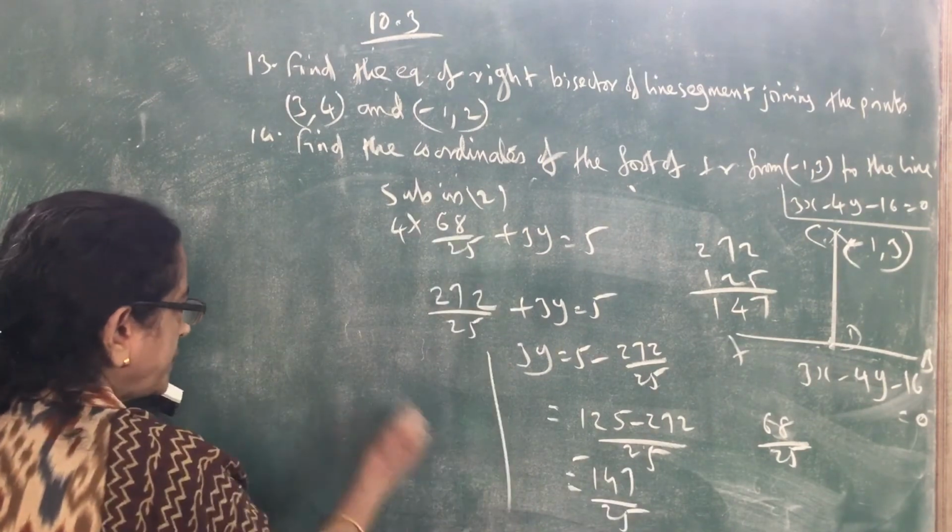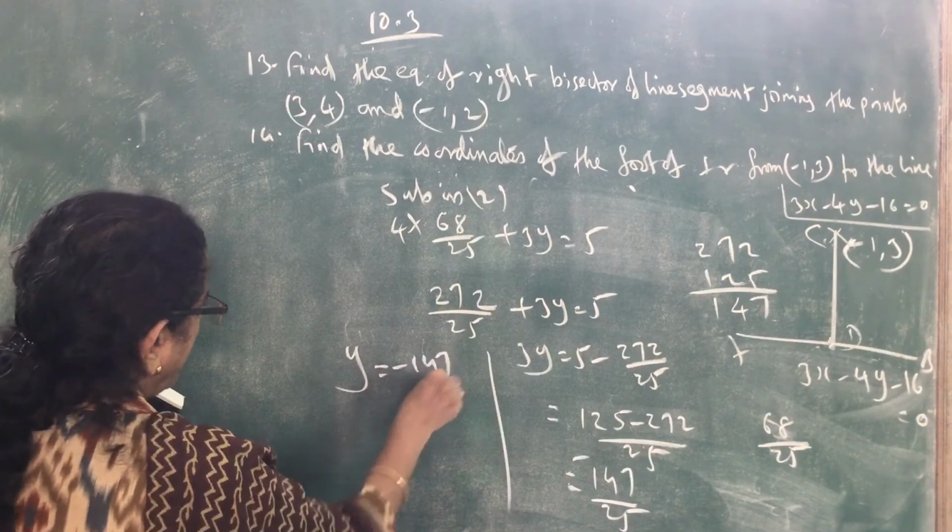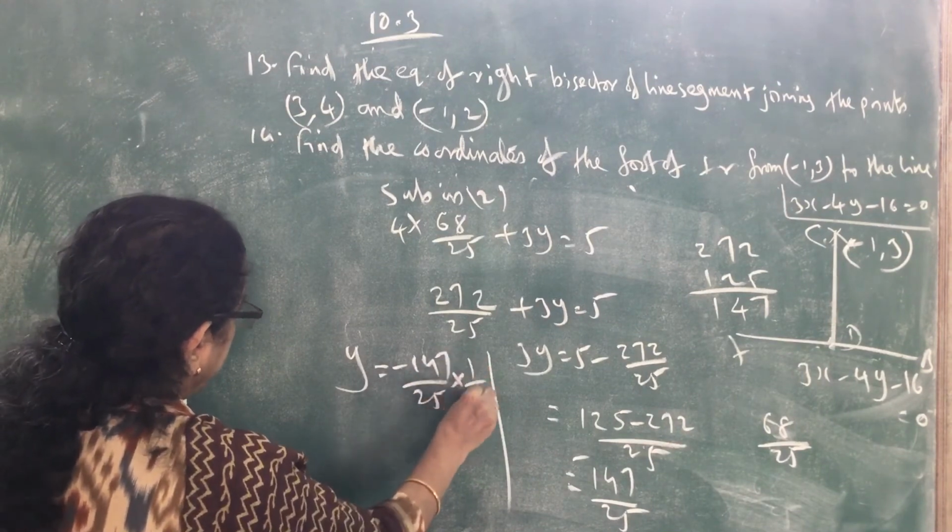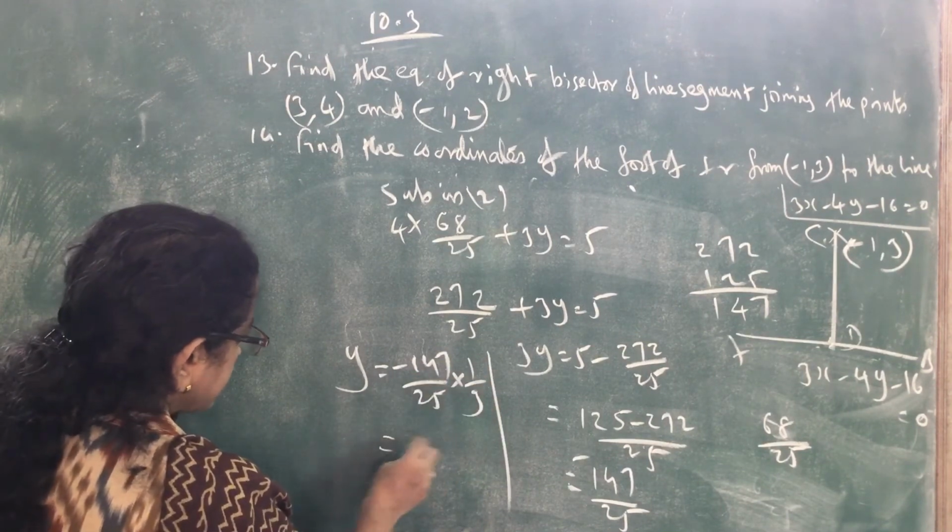So y equals minus 147 by 25 into 1 by 3, that is minus 49 by 25.